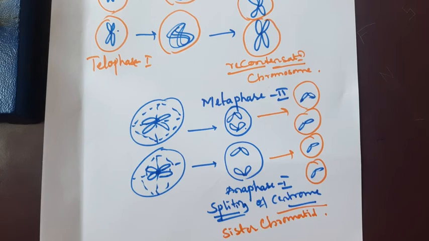If the parental cell has 16 chromosomes, the haploid cells have 8. Then in meiosis there are 2 steps, meiosis 1 and meiosis 2. In meiosis 1 we can see 4 steps: prophase, metaphase, anaphase and telophase.